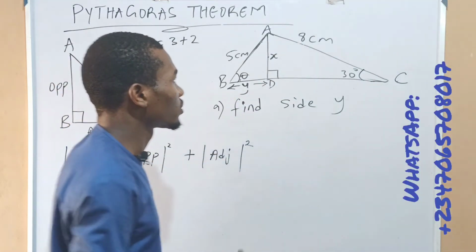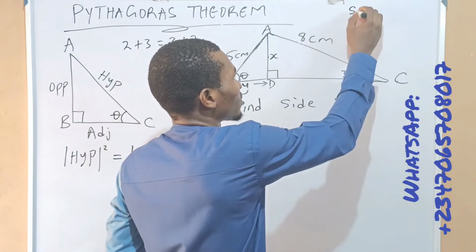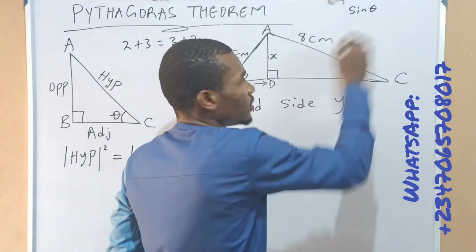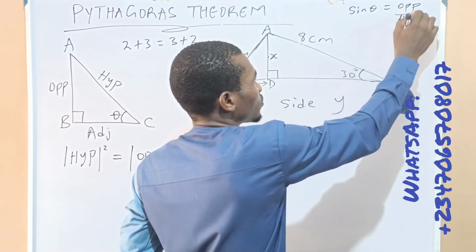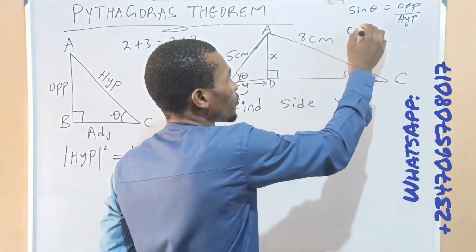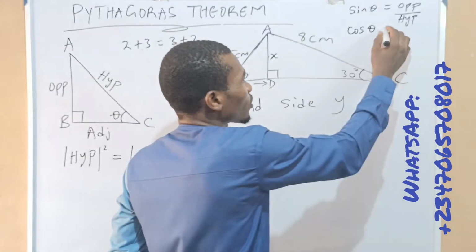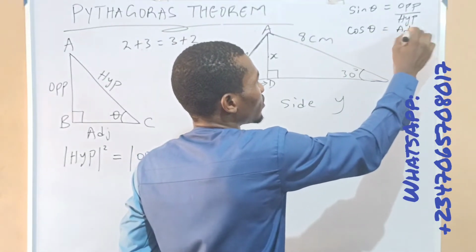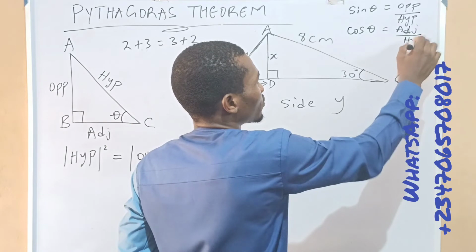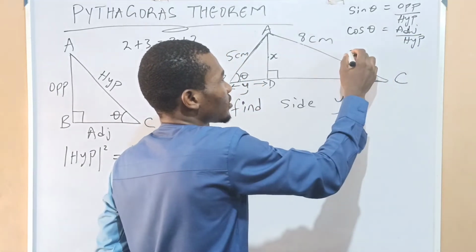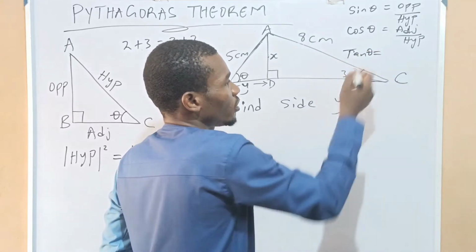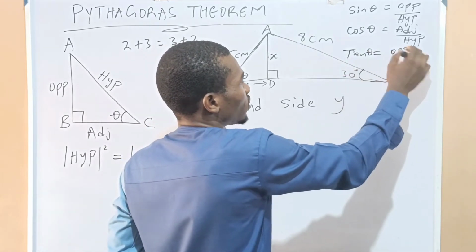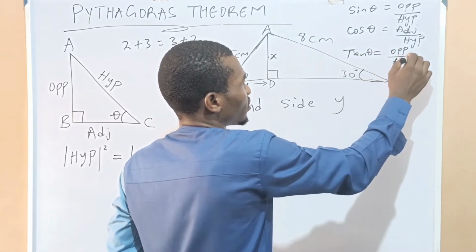Remember your trigonometric ratios, which say that the sine of any angle is equal to opposite over hypotenuse, and the cosine of any given angle is equal to adjacent over hypotenuse, and also the tan, that is the tangent of a given angle, is equal to opposite over adjacent.